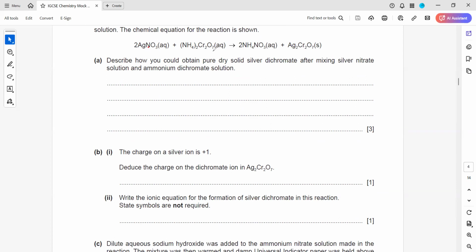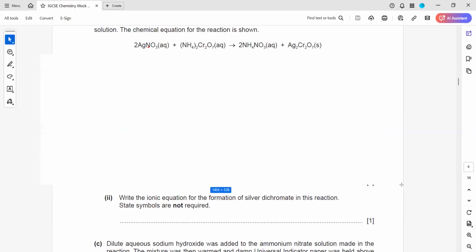Whenever you want to write an ionic equation for any insoluble salt, or any equation, first you write solid, liquid, or a gas. So when you see this equation, there is no liquid or a gas, only solid is silver dichromate, which is Ag2Cr2O7. Then if one side it is a solid, liquid, or a gas, the other side it should be an ion.